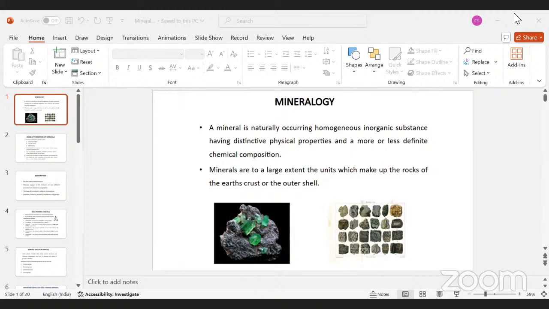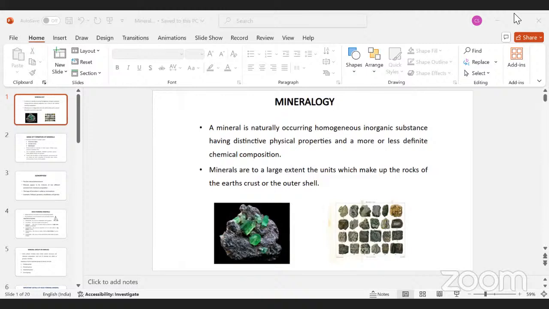A mineral is a naturally occurring, homogeneous, inorganic substance having distinct physical properties and a definite chemical composition. That is known as a mineral.